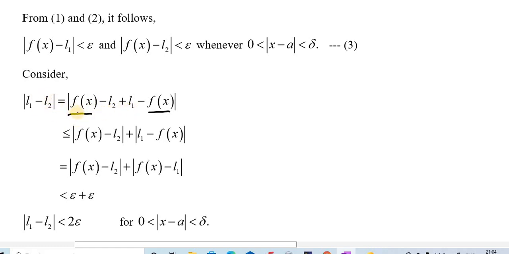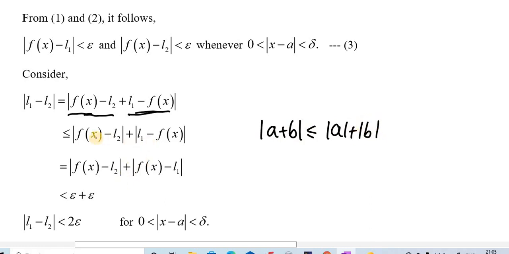That means the value does not change, only the form of this modulus changes. Now we are writing separate modulus for these two terms by using the concept modulus of a plus b is less than or equal to mod a plus mod b.